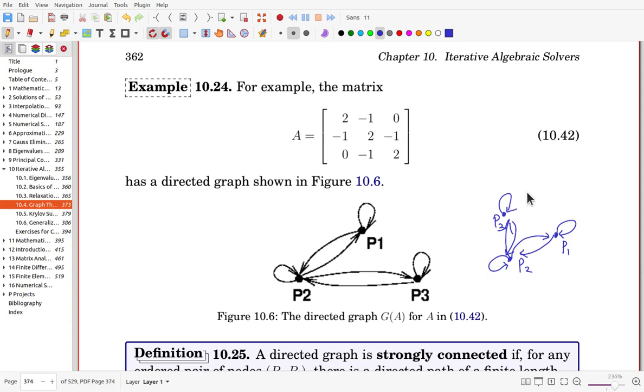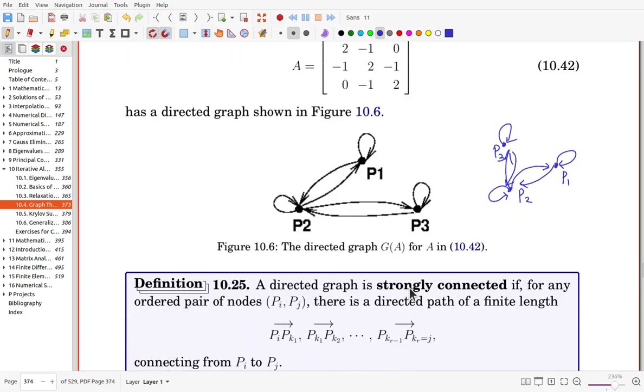In this way, you can make a directed graph with P1, P2, P3. The directed graph is drawn in this figure. That is the directed graph for these points.